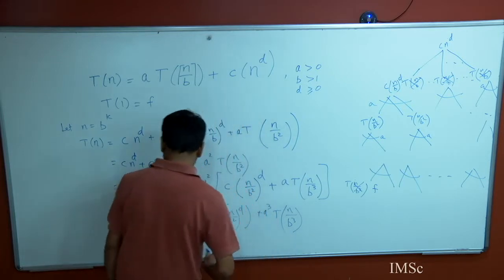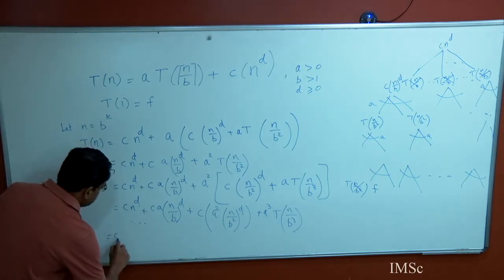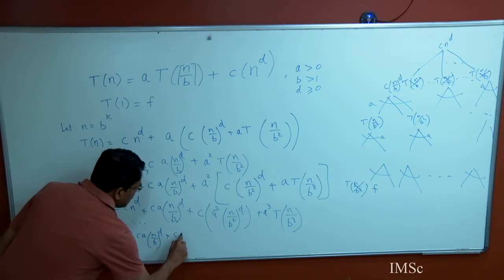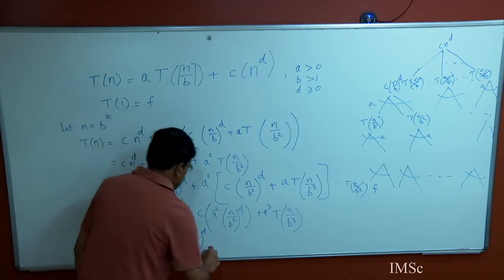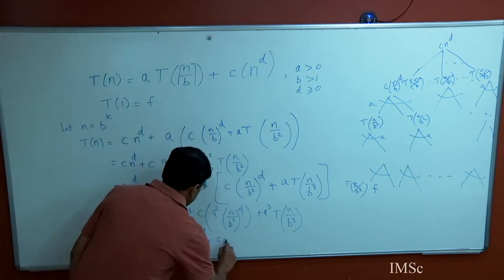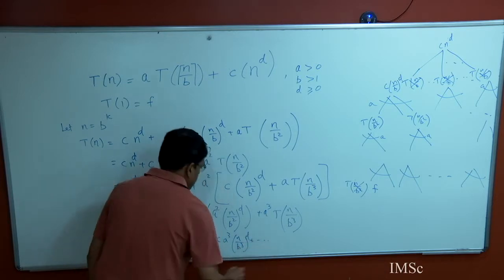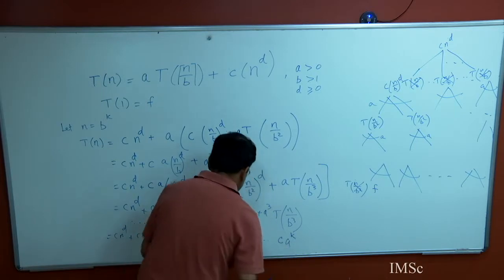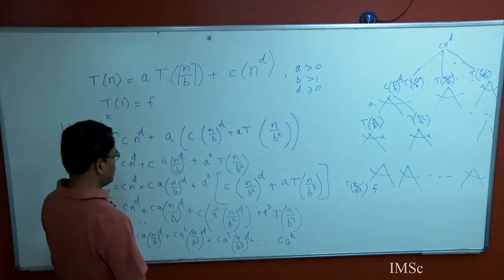So, let's write this with the dots: C n power d plus C A n by b whole power d plus C A square n by b square whole power d plus C A cubed n by b cubed whole power d plus dot dot dot, and at the end it will be A power k T of n by b power k. Oh, is there a C somewhere? Yes, I'm missing C, right?